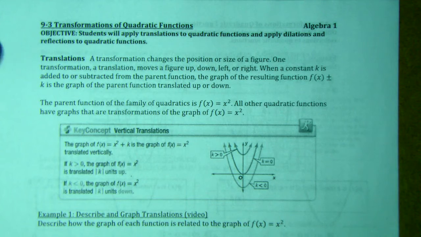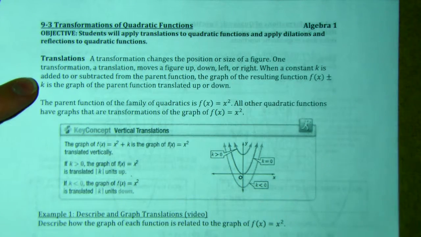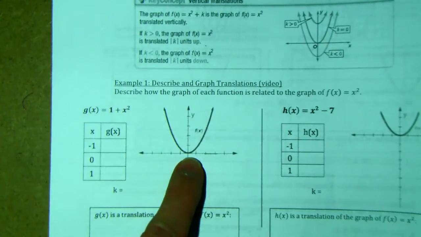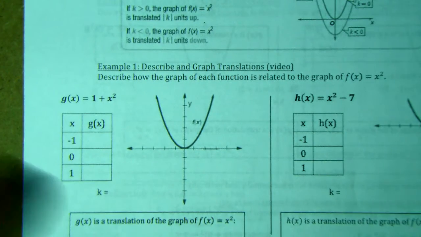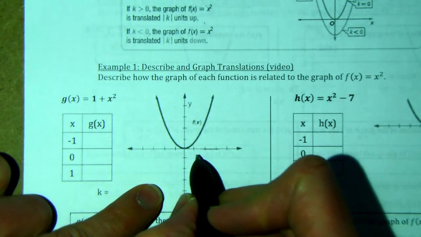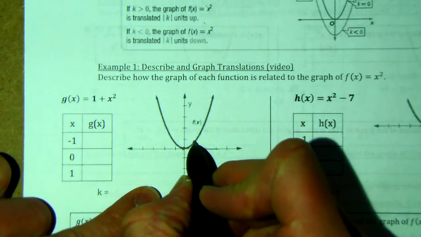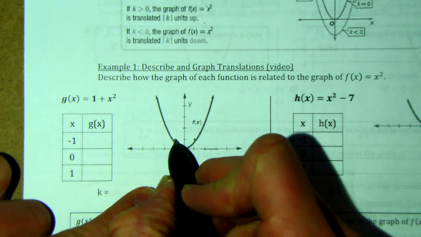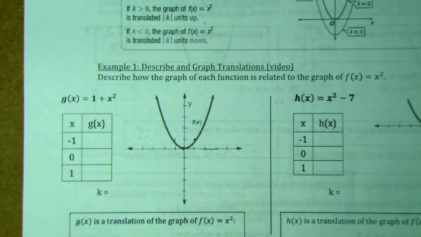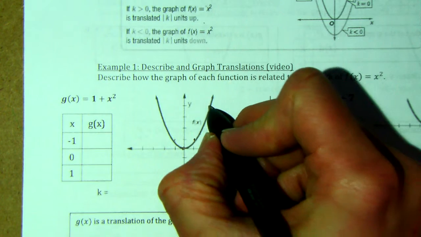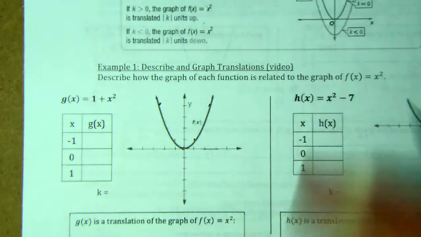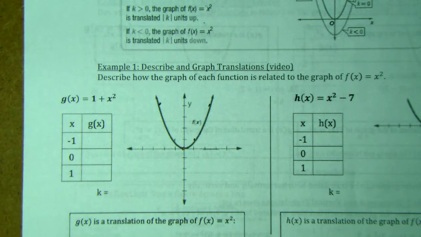It's helpful if you know that x squared always is (0, 0), (1, 1), (negative 1, 1), and so on and so forth, and then (2, 4) and (negative 2, 4). That's always the parent function. That is like the most basic quadratic function you can graph, okay? Everything that we do to the quadratic equation after that changes this original one.